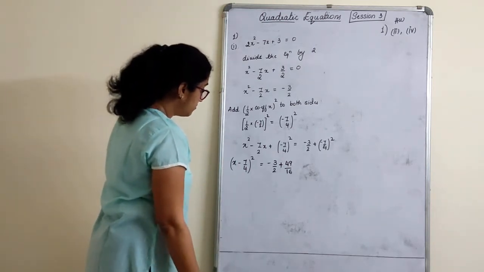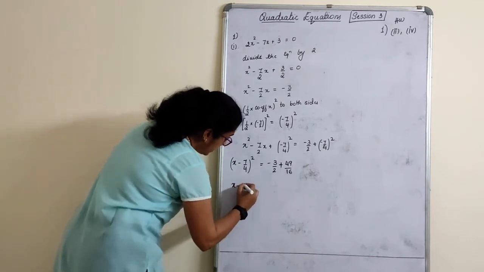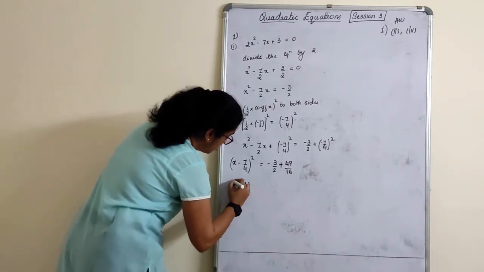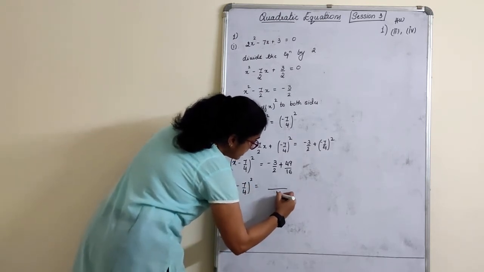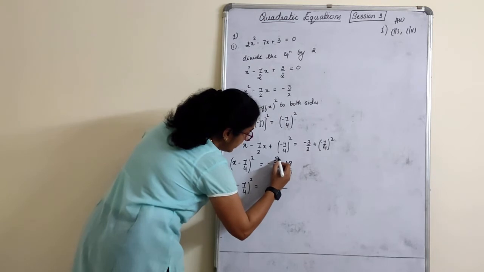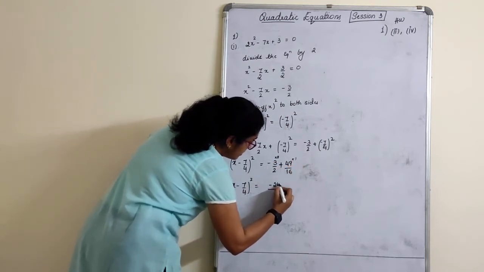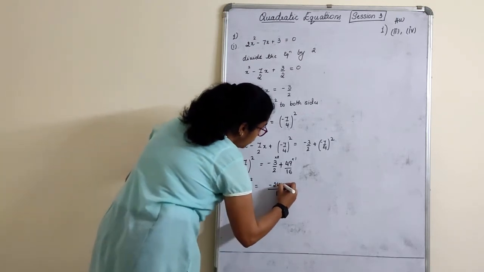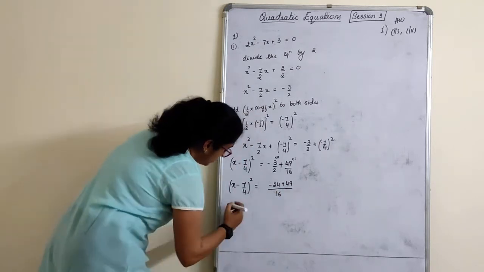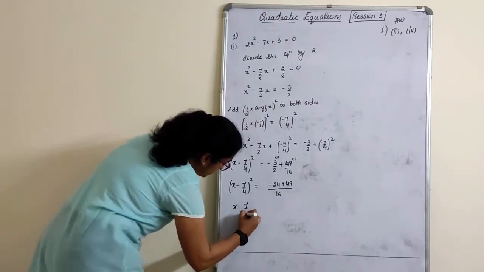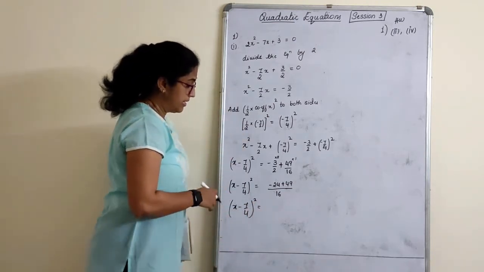Now what we will do here is simplify this term first. (x − 7/4) whole square is equal to, in 16, LCM is 16, so 8 into 1, 3 8s are minus 24, plus 49. (x − 7/4) whole square is equal to 49 minus 24.